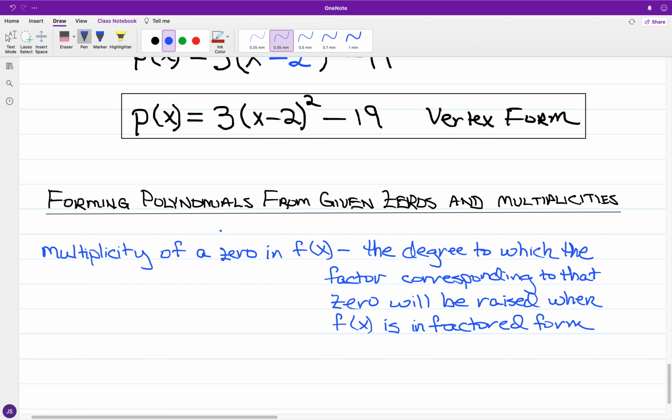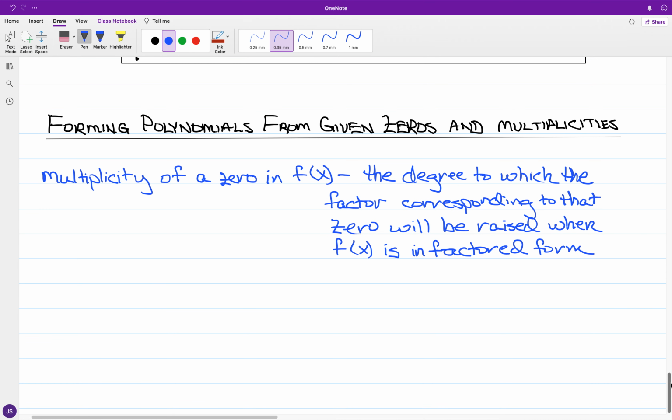Okay, but right now, for what we have in the case of forming polynomials from given zeros and multiplicities, say we're looking at determining f of x in both factored and expanded form.